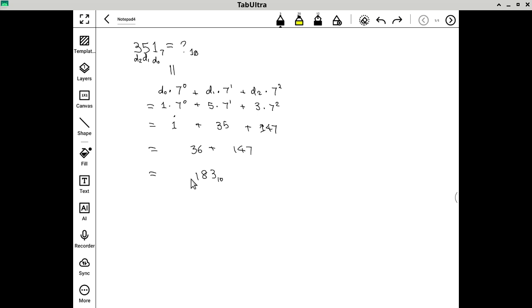It doesn't. Okay, if you want to recursively divide by 7, you are turning 183, which is a value already in base 10, back into a base 7 number. That is what division is going to get you. Is that okay?